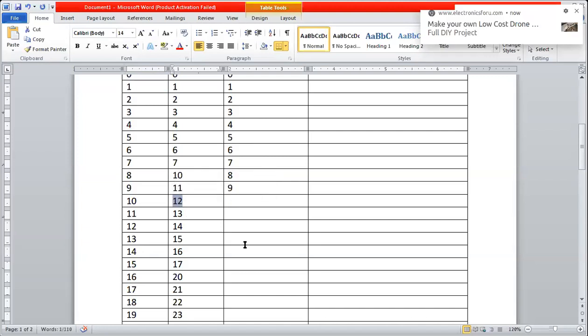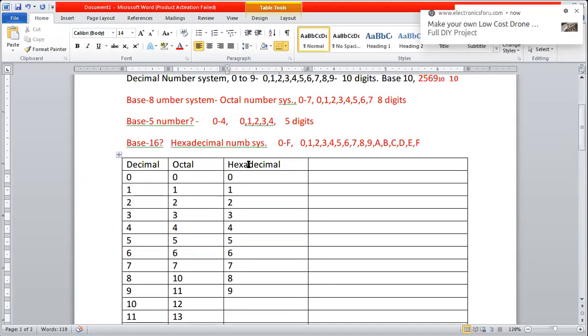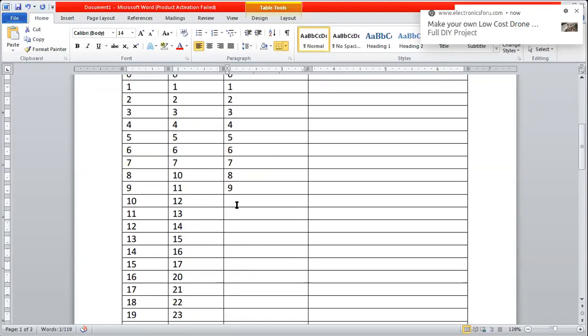The 12 is in octal, but here we have another symbol to represent 10 in hexadecimal, because hexadecimal is nothing but a total of 16, correct? So here we have A. So 10 is nothing but A. Then B, then C, D, E, F. So that is the end.